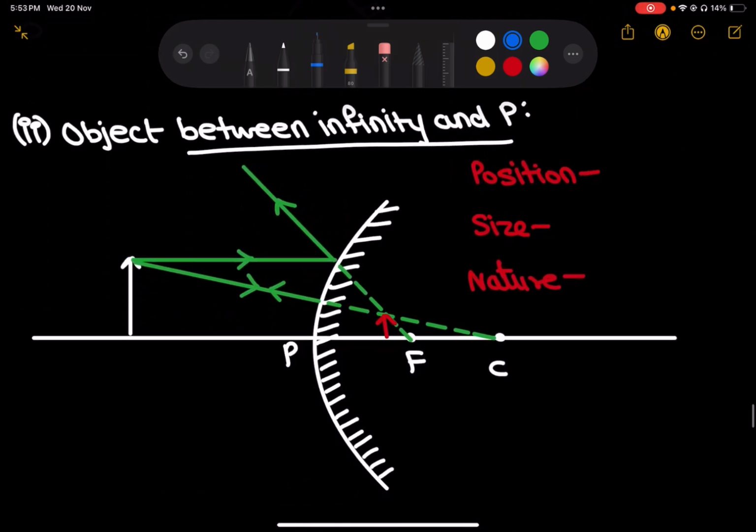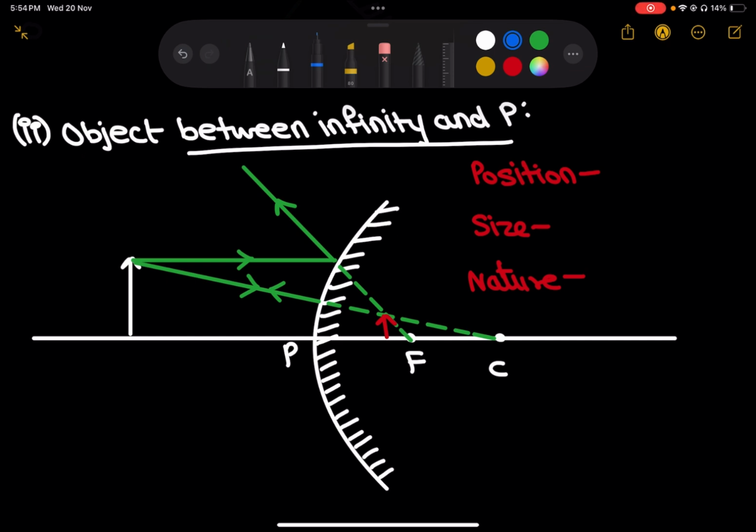Now moving on to the second case, where the object is between infinity and pole. So here we can't really keep the object between focus and center of curvature, or beyond C, or between F and P, right? Because the focus and the center of curvature are behind the mirror in the case of convex mirror, right?